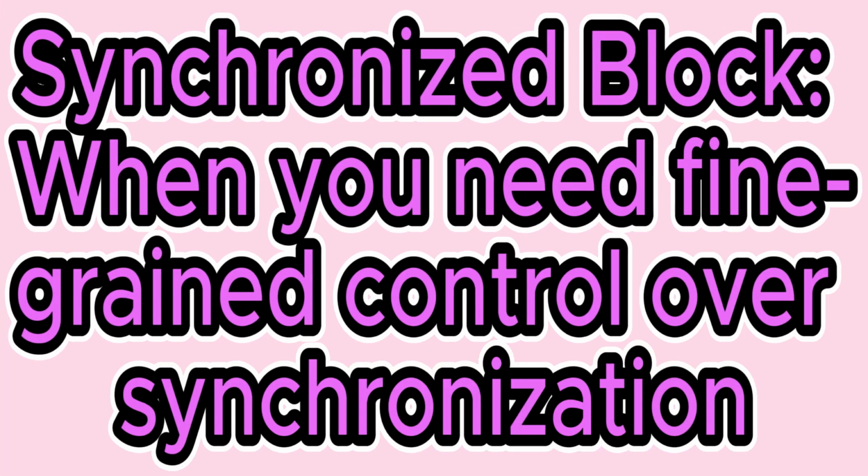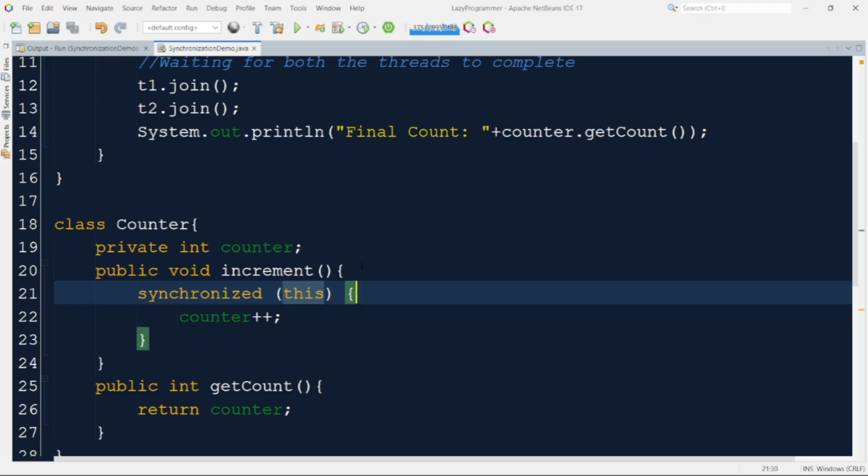Use a synchronized block when you need fine-grained control over synchronization. Synchronized blocks can potentially be more efficient than synchronized methods as they limit the scope of locking. This can result in better concurrency and performance in scenarios where only a specific part of the code is synchronized.